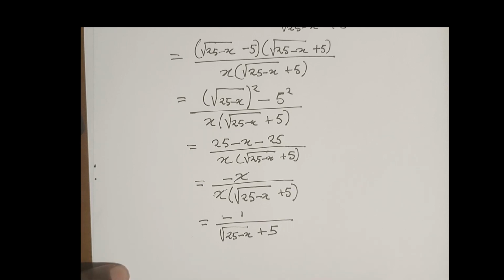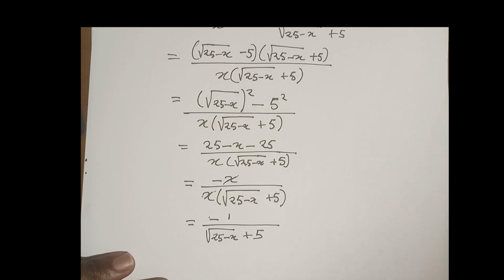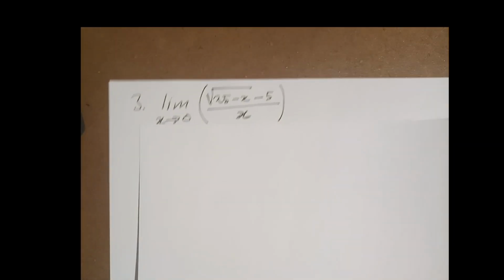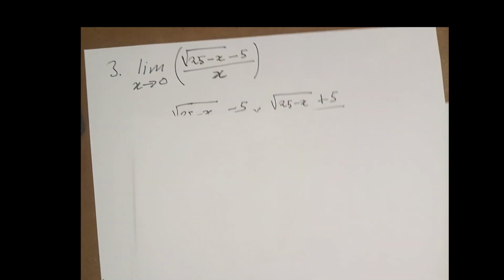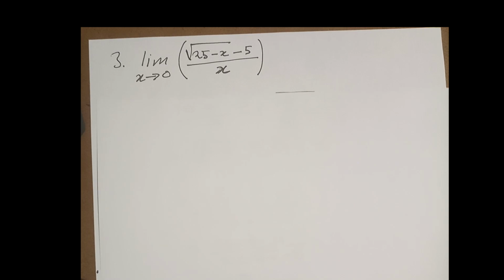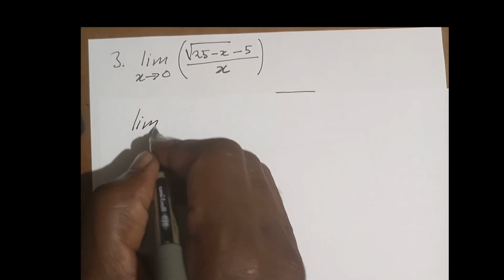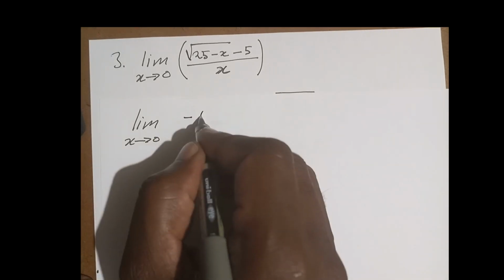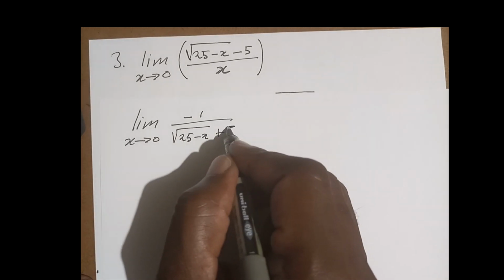So going back to the original question, which requires us to find the limit, we should have the limit as x approaches 0 of negative 1 over the square root of 25 minus x plus 5.